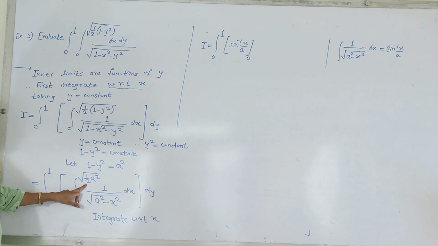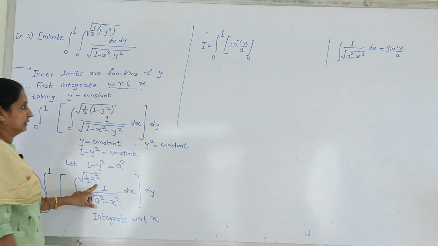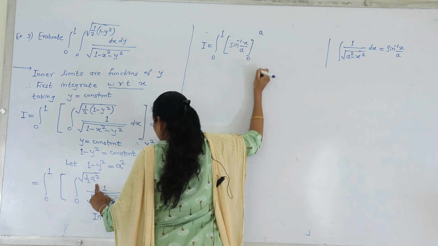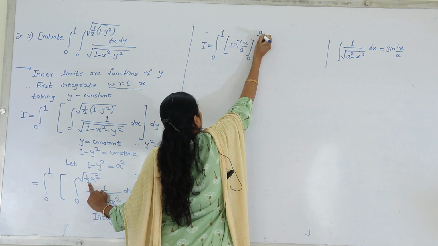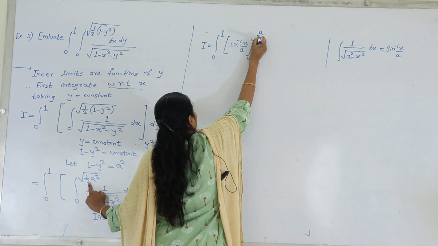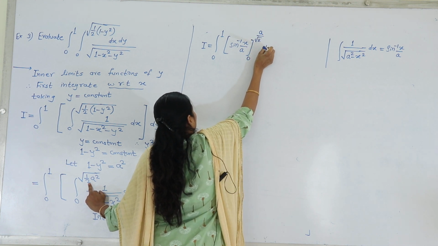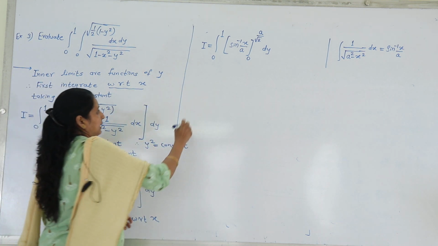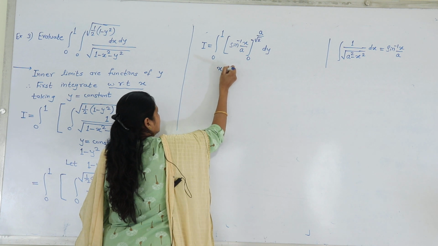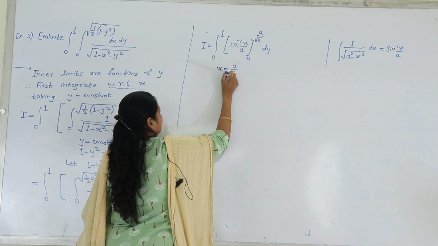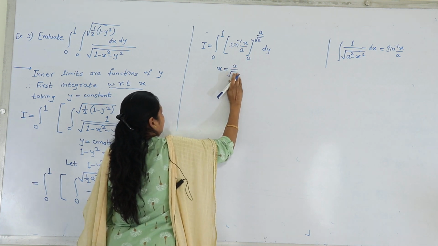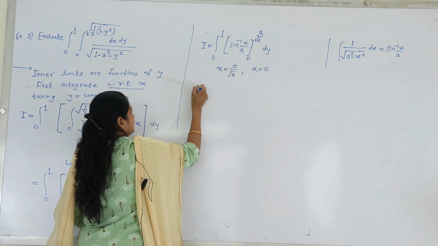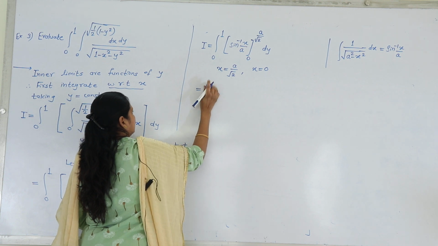Upper limit is under root of half and a square. Root a square means a, and by 2, therefore it is a by root 2, dy. Then the upper limit of x is a by root 2, and the y limit is 0 to 1.